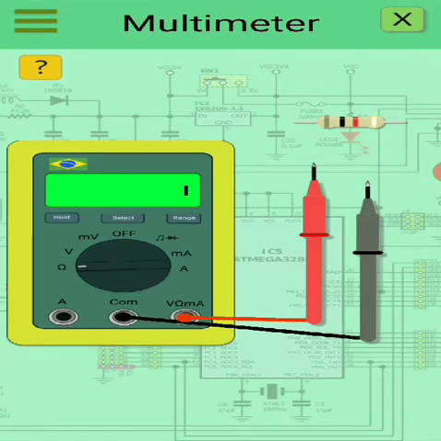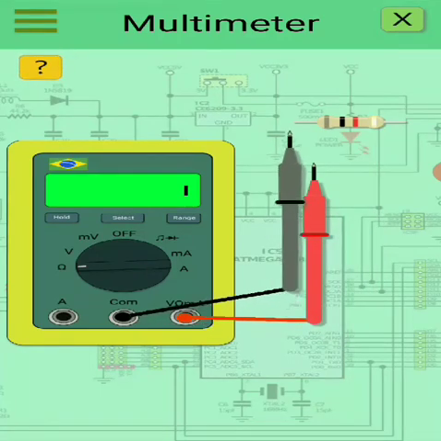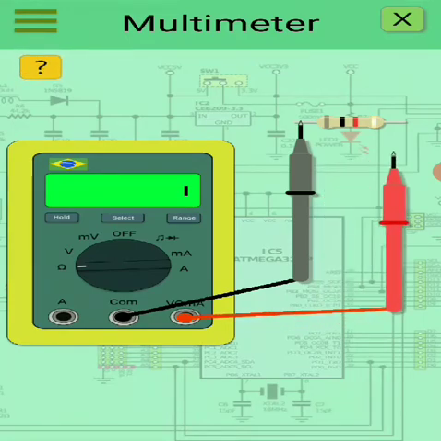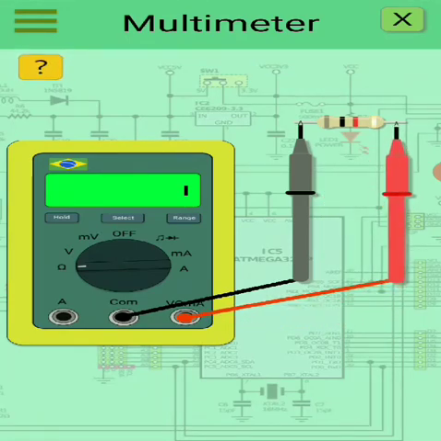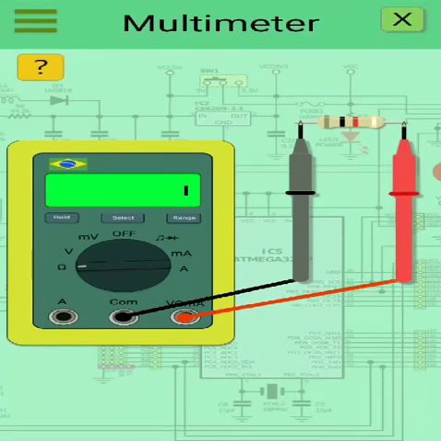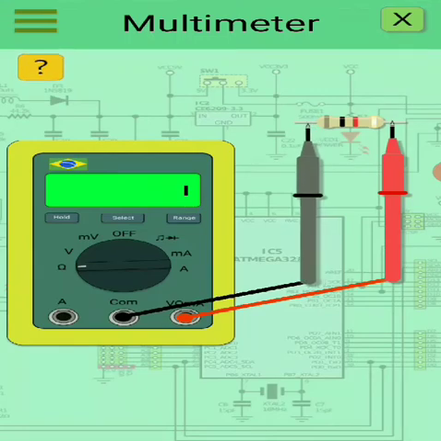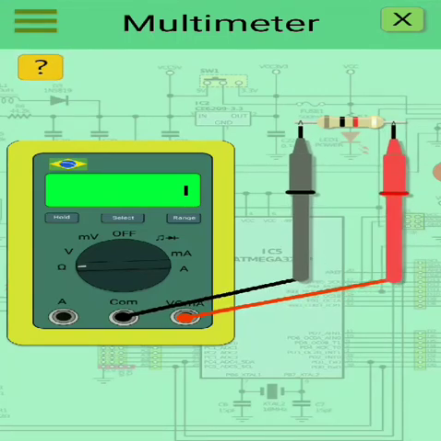Next, the black probe is connected to this side and the red probe is connected to this side. See, the resistance of this resistor is 1.05 kilo ohm.